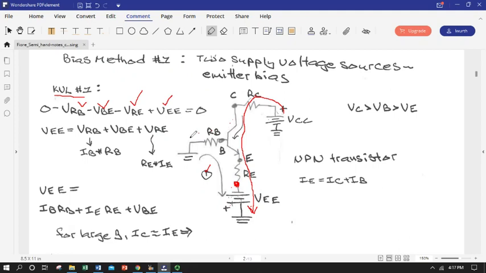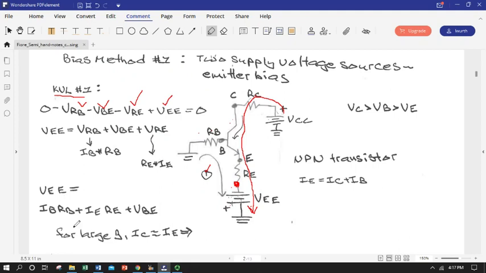So the voltage drop over the base resistor is the base current times the base resistor, Ohm's law. The base emitter junction voltage is going to be a function of our device, probably 0.7, and our voltage drop over the emitter resistor is going to be that resistance times the emitter current, Ohm's law again. Great.